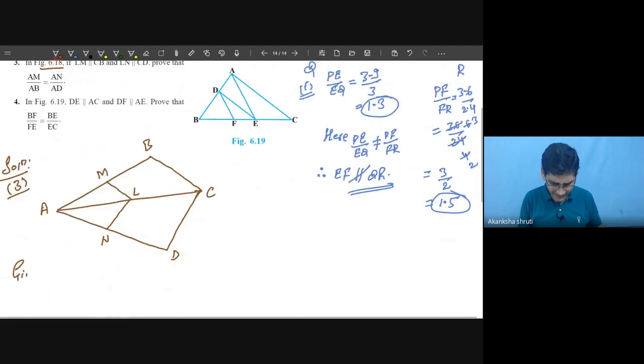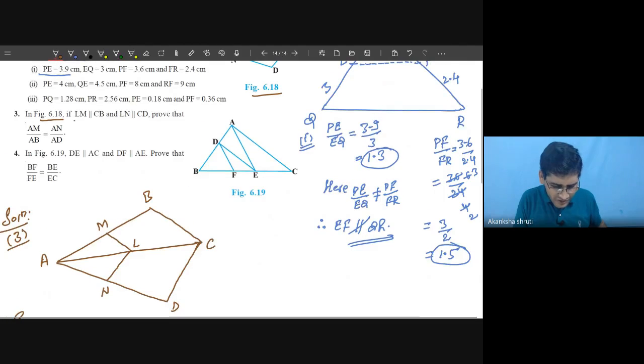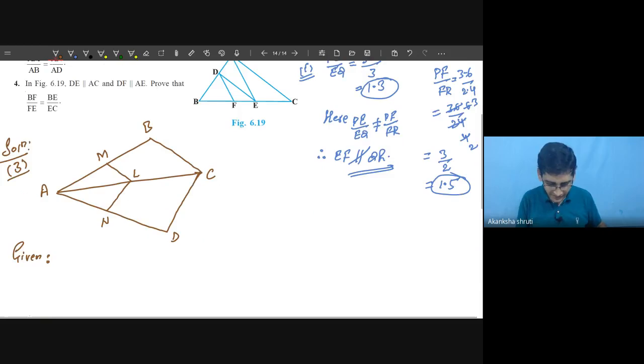The given conditions you can observe from the question itself: LM parallel to CB and LN parallel to CD. These two parallel conditions are given.